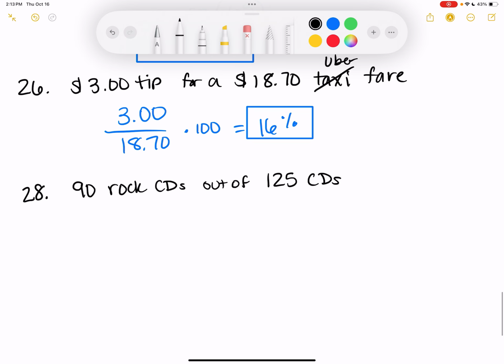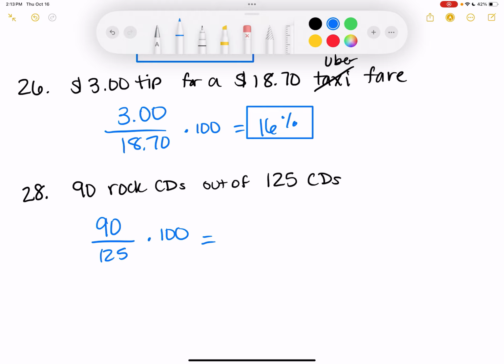So how would I set this one up? To find the percent, would it be 90 over 125? Yep. Times 100?